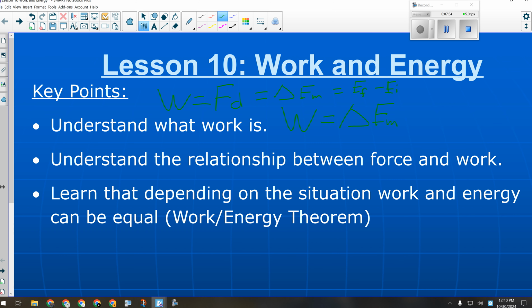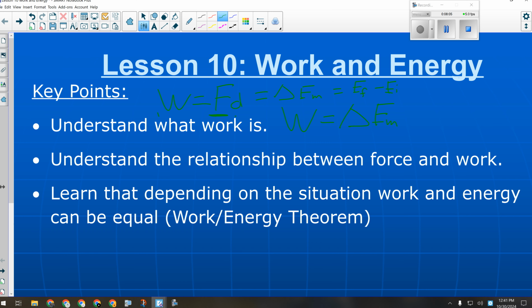Okay. All right, so the relationship between force and work should go something like this then. If I use more force over the same distance, will I do more or less work? More. Think about it. If I pull this desk with 2 newtons worth of force, it accelerates a little bit.